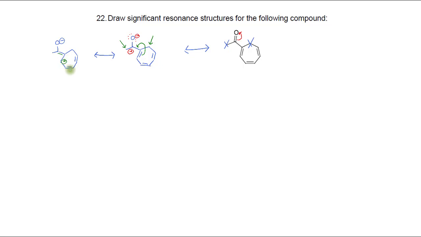All right, then I can take the next double bond and push those electrons here. And that's still going to be O minus.